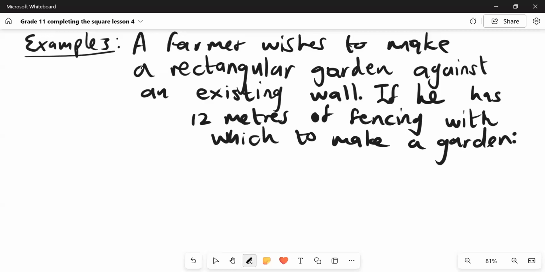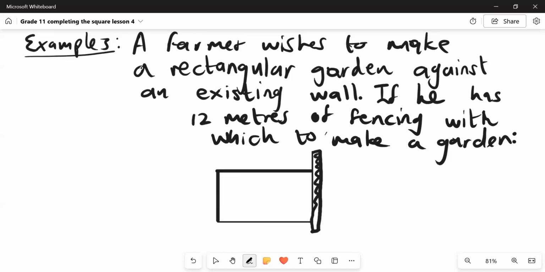And then there's a drawing there. This is our wall. And then this is our fence. So made up of X and Y.